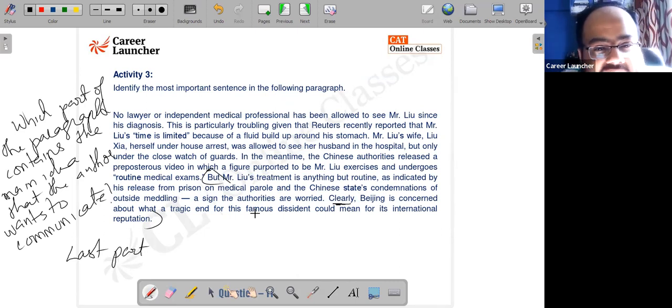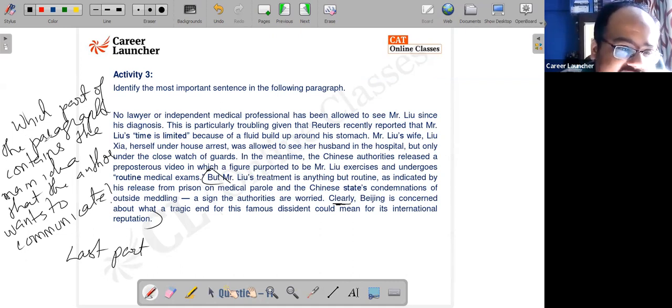This was just one example of whether we could separate the main idea from the fact or not. Half of you are able to do it, half are not, but don't worry, we'll be discussing this in a lot of detail in one of our later sessions.